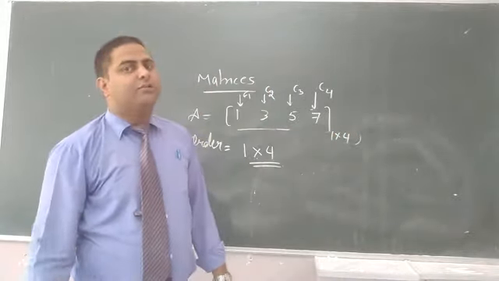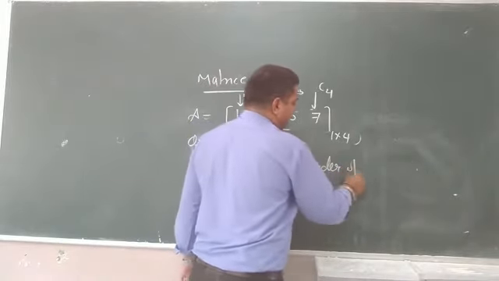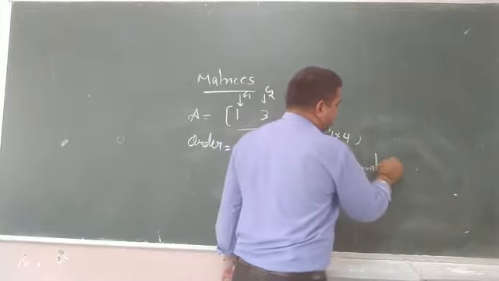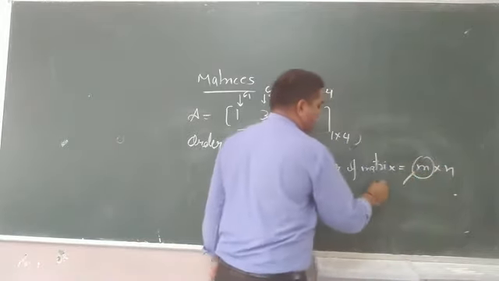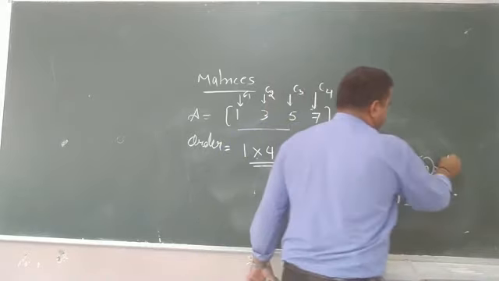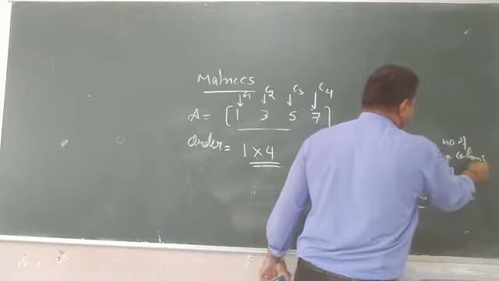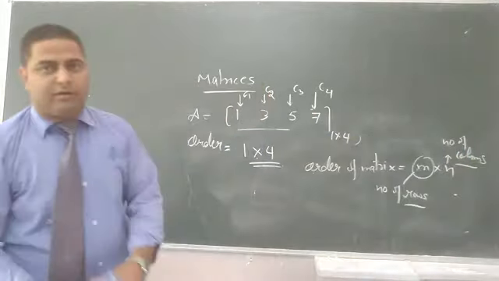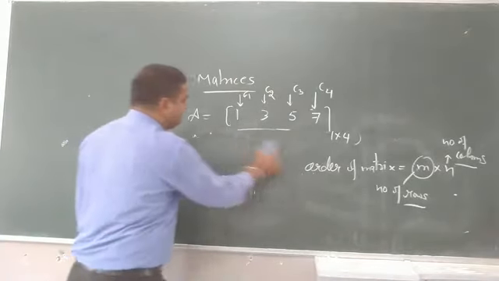It means the order of a matrix in general form is m into n, where m represents the number of rows and n represents the number of columns. This is how to write the order of a matrix. I hope it is clear.